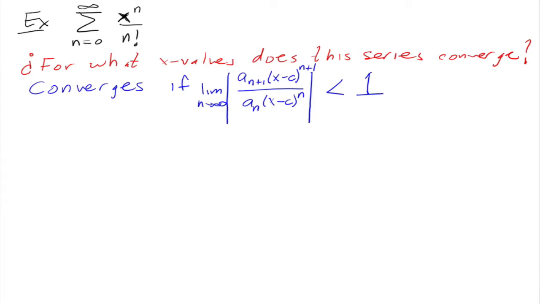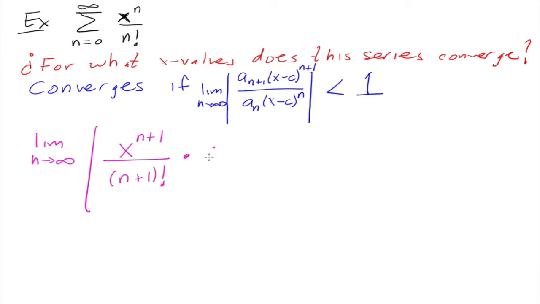So this is in general. For us, we're going to do the limit as n goes to infinity of the absolute value. So what is it going to look like? If I'm using my series here, it's going to be x to the n plus 1 over n plus 1 factorial, times x minus c to the n plus 1. Well, what is c in this example? c is 0, right?